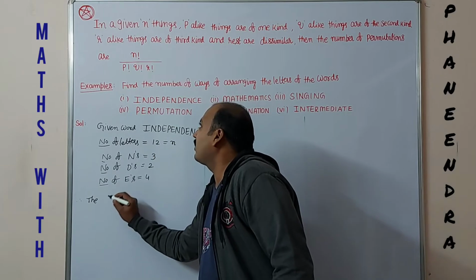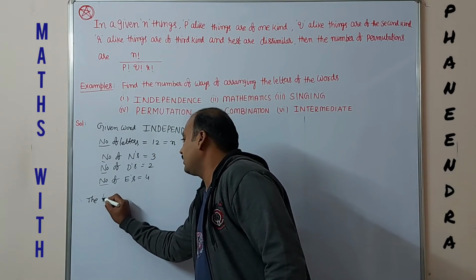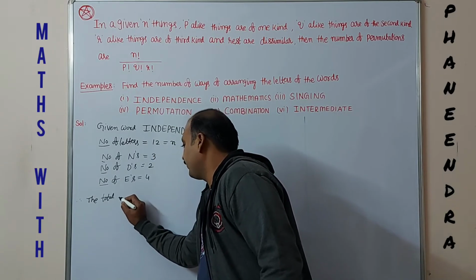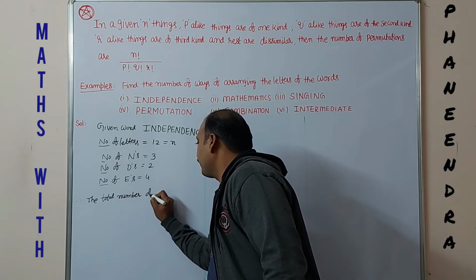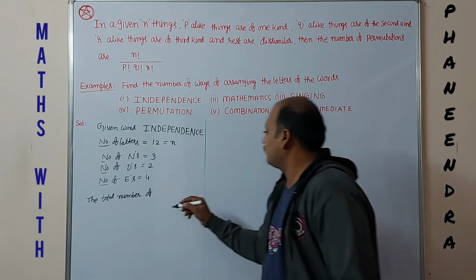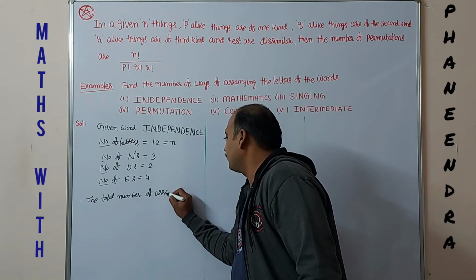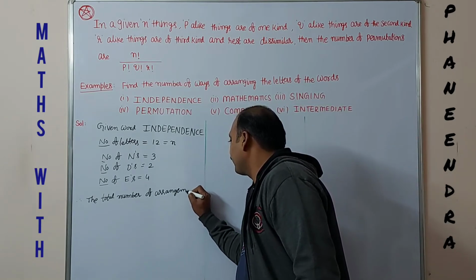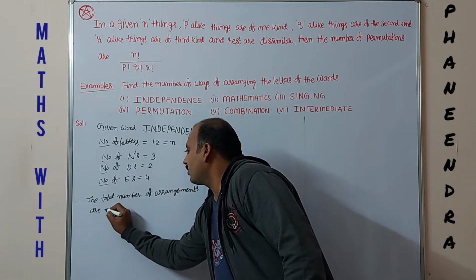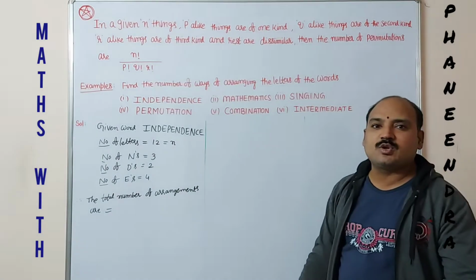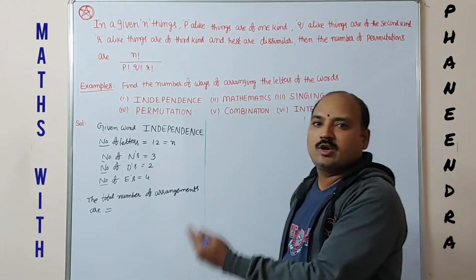the required total number of arrangements are, the formula is n factorial by p factorial into q factorial into r factorial.